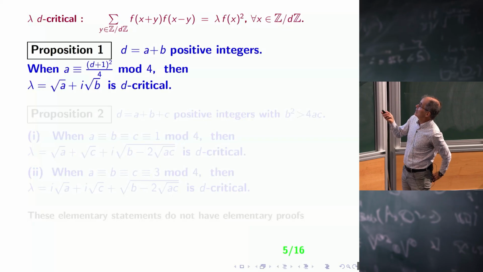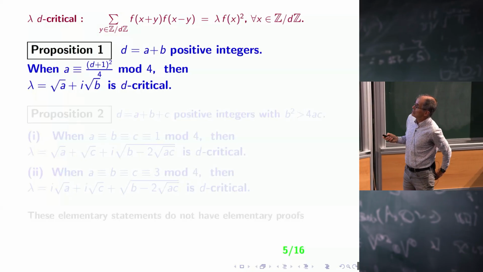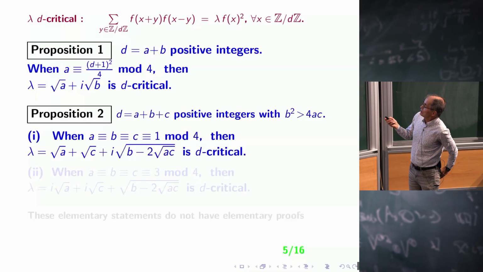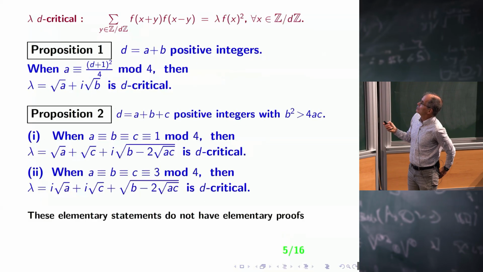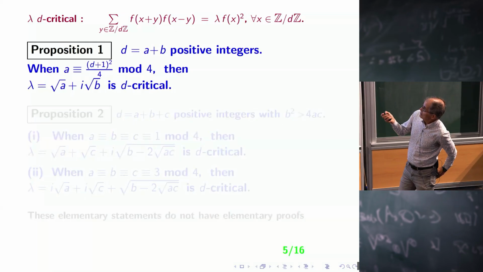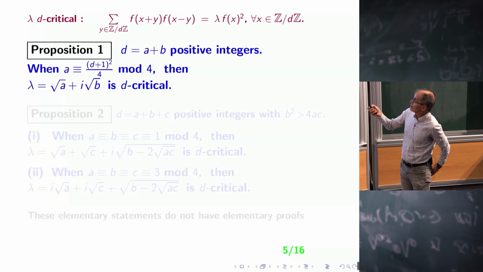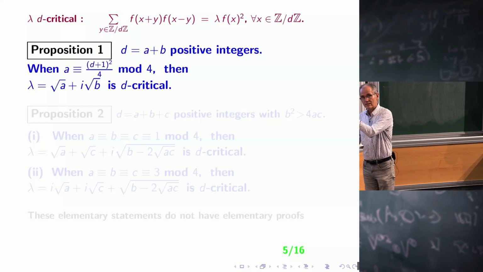Each time you are able to write your odd integer D, D is odd, I recall, in the form A plus B with A and B positive integers, with some congruence condition on A mod 4, and this congruence condition tells you are going 4 by 4, starting from the Gauss sum.